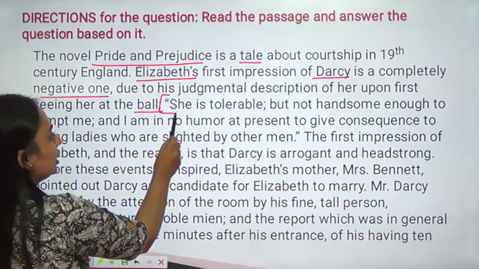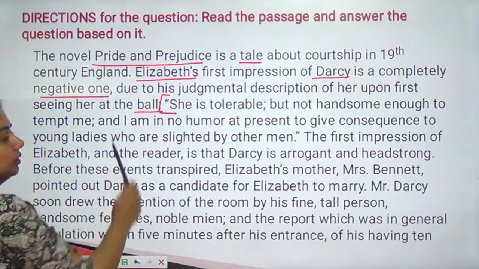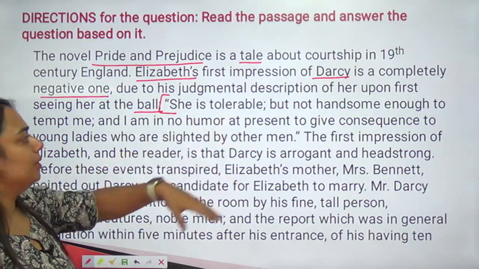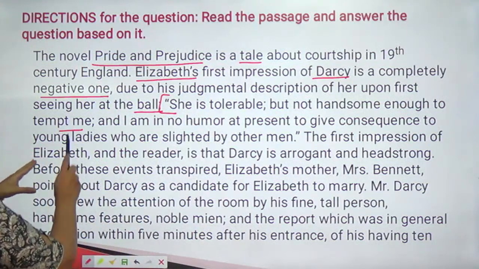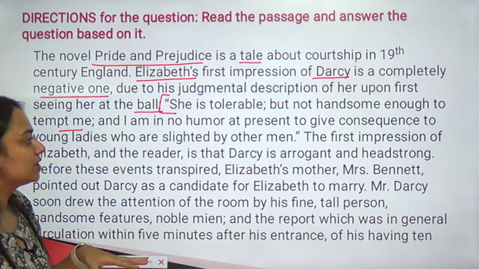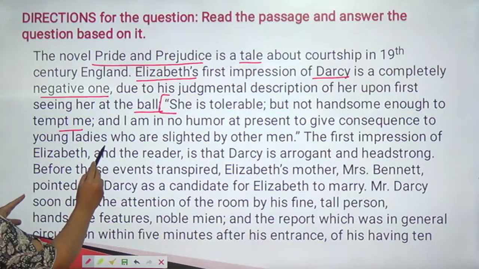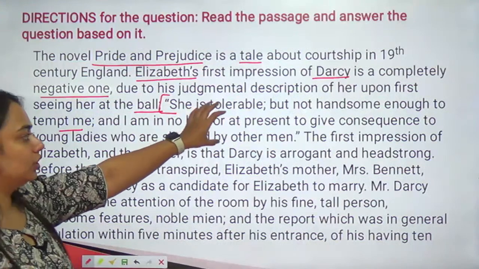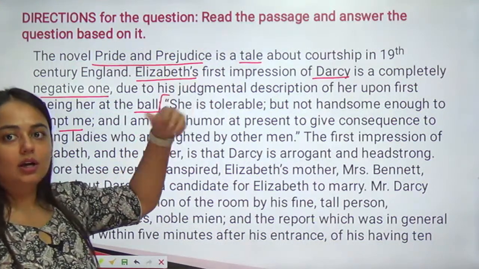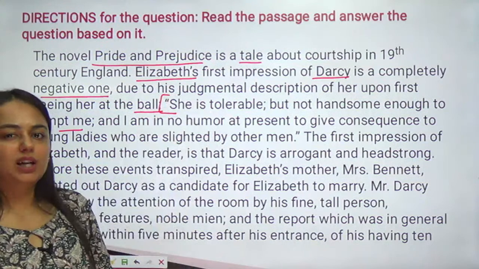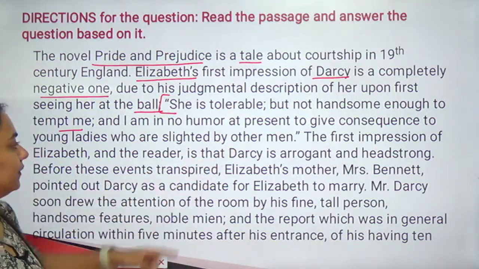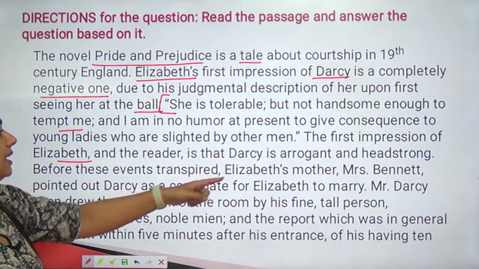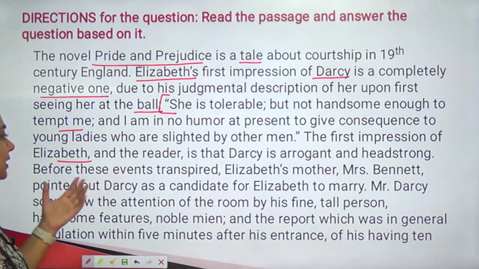Now this is a quotation of Darcy about the female protagonist Elizabeth: She is tolerable but not handsome enough to tempt me, and I am in no humor at present to give consequence to young ladies who are slighted by other men. So on the basis of this quotation that she overheard, she made a negative impression of Darcy. The first impression of Elizabeth and the reader is that Darcy is arrogant and headstrong.